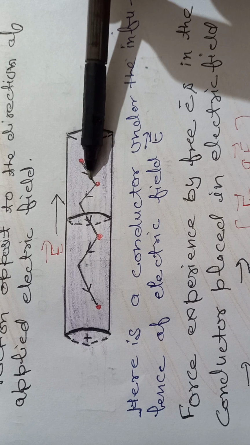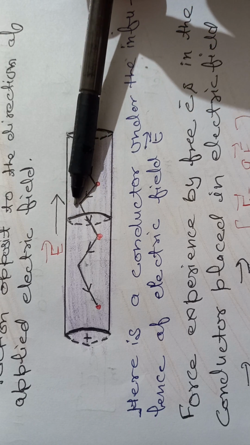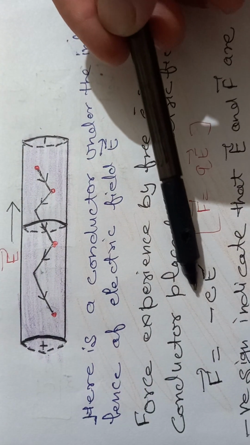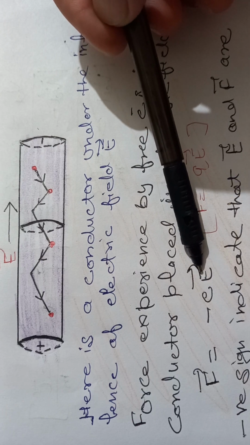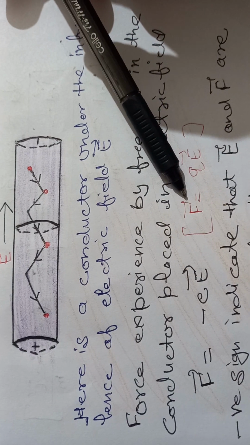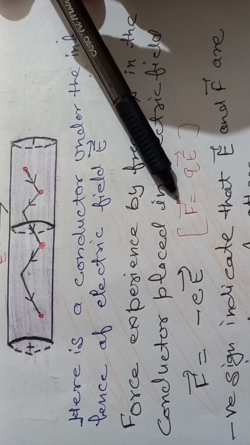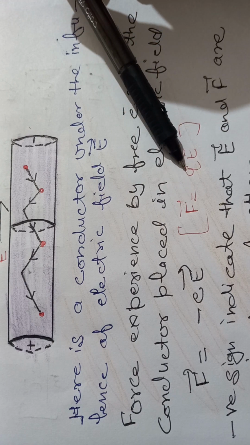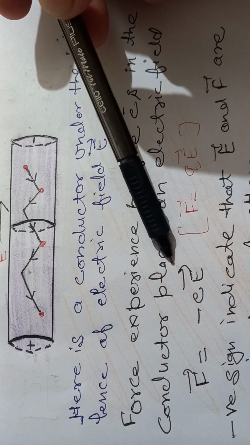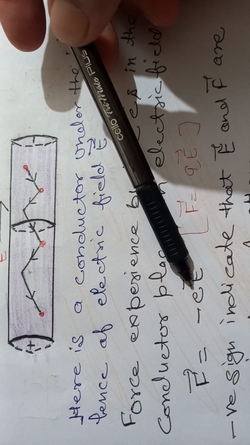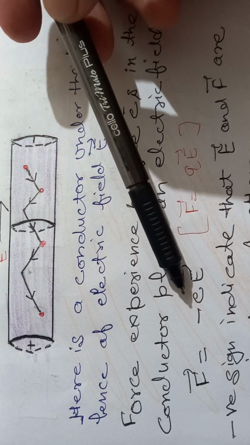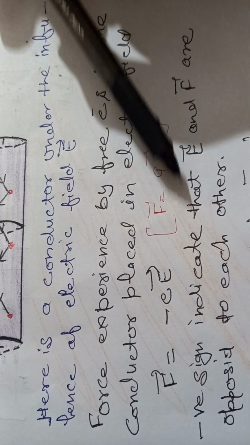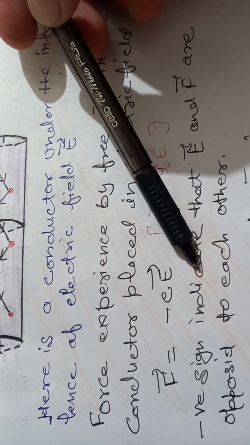When a charged particle moves under the influence of electric field, how much force is experienced by that charged particle is given by F is equal to minus e into E. This relation comes from unit number 1, electrostatics, that is the force on a charge when placed in a uniform electric field, F equal to q into E. Here the charged particle is electron, that's why it is negative. So F is equal to minus e into E. The negative sign indicates that E and F are opposite to each other.